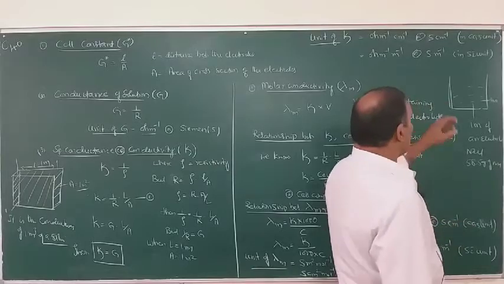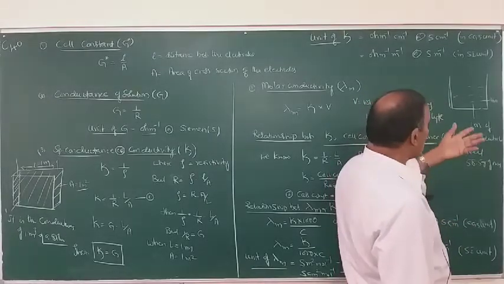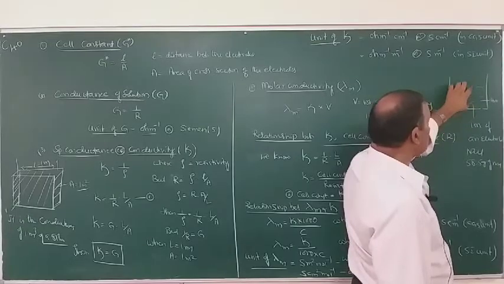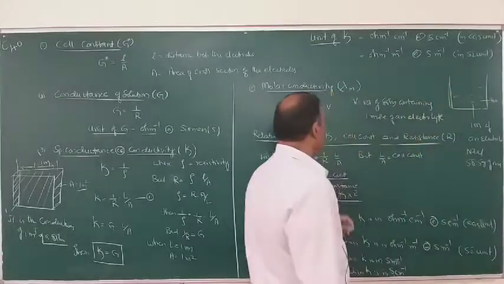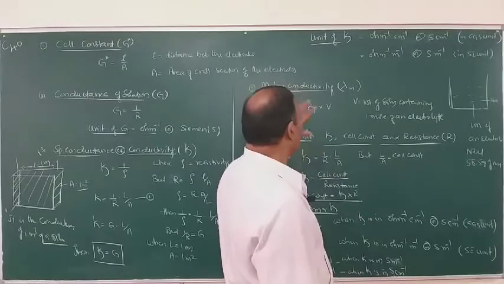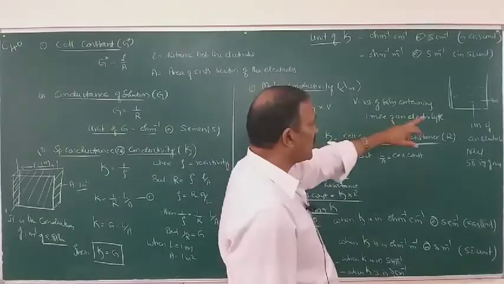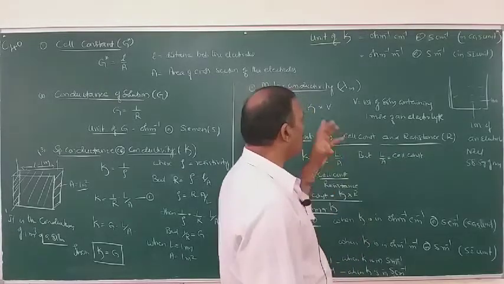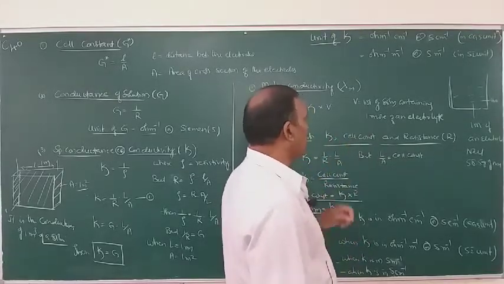So if 1 mole of any electrolyte is dissolved in that solution, the conductivity of that solution is known as molar conductivity. What is the definition? The conductivity of a solution containing 1 mole of an electrolyte is known as molar conductivity.